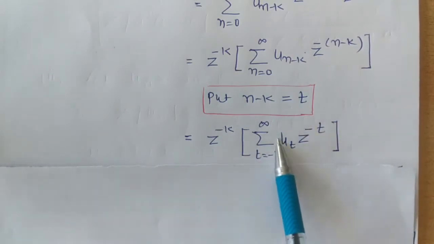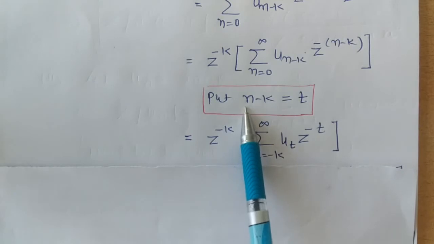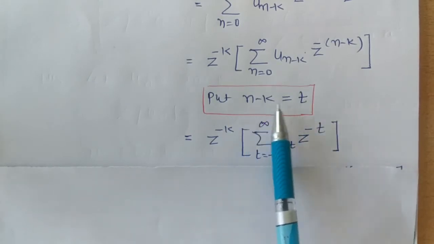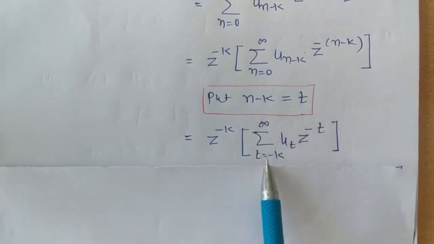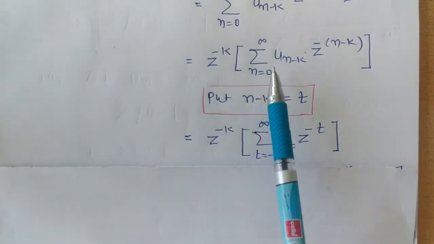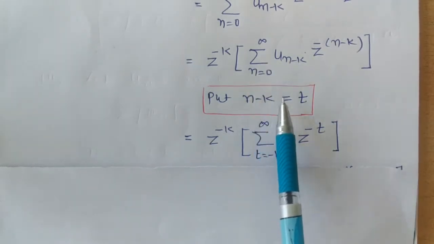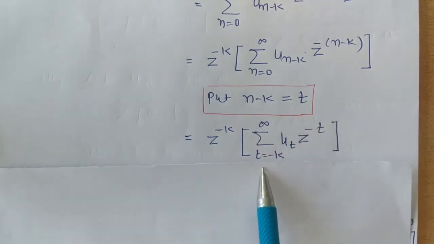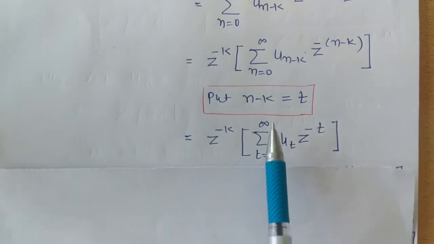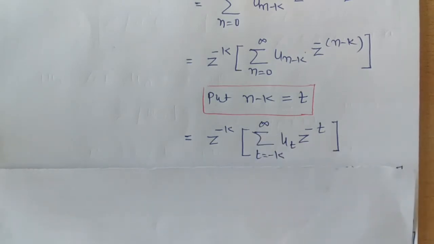Now the limit of summation for n equal to 0 is t equal to minus k, and for n equal to infinity the limit is t equal to infinity. So the limit of summation is from t equal to minus k to infinity.